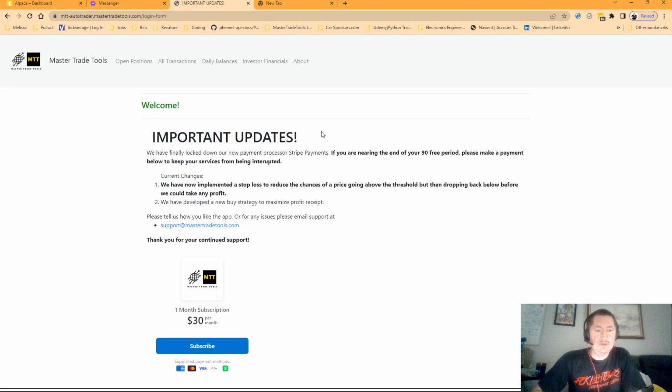But what's going to happen is, after you have set up your Alpaca trade account with either a live account or a paper account, then the following day, or the next trade day depending on when you're setting this up, if it's a paper account, there's going to be a function that is run automatically for the application.